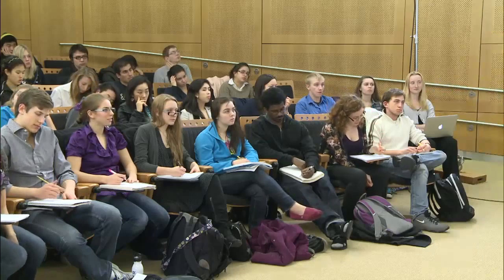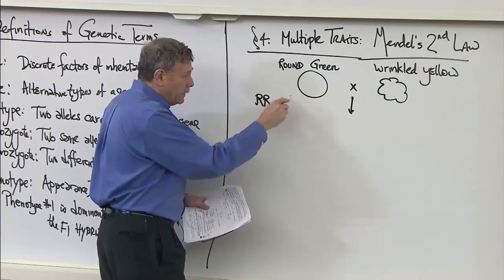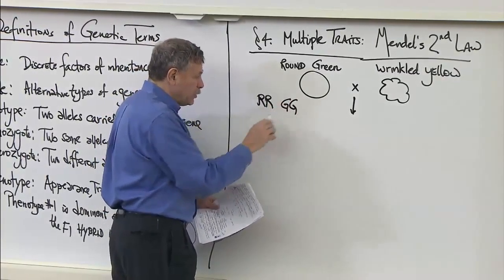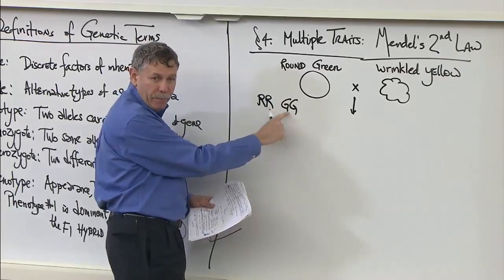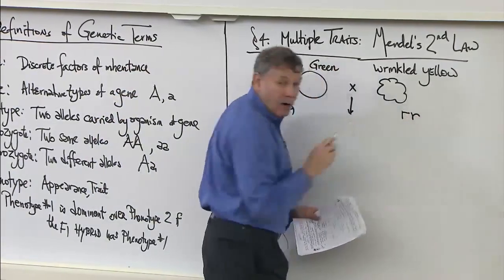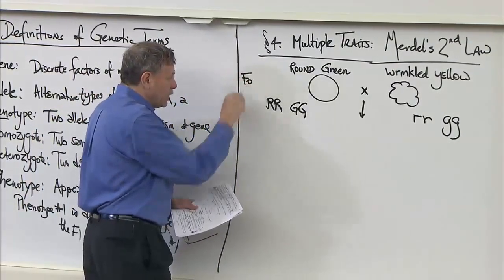Okay, so we're ready. Geneticists keep adapting their nomenclature as we will. Big R, big R. And what's the genotype here? Big G, big G. So with respect to the thing that controls shape, big R, color, big G, big G. This guy, little r, little r, little g, little g. Little g will mean yellow. Little r means wrinkled.